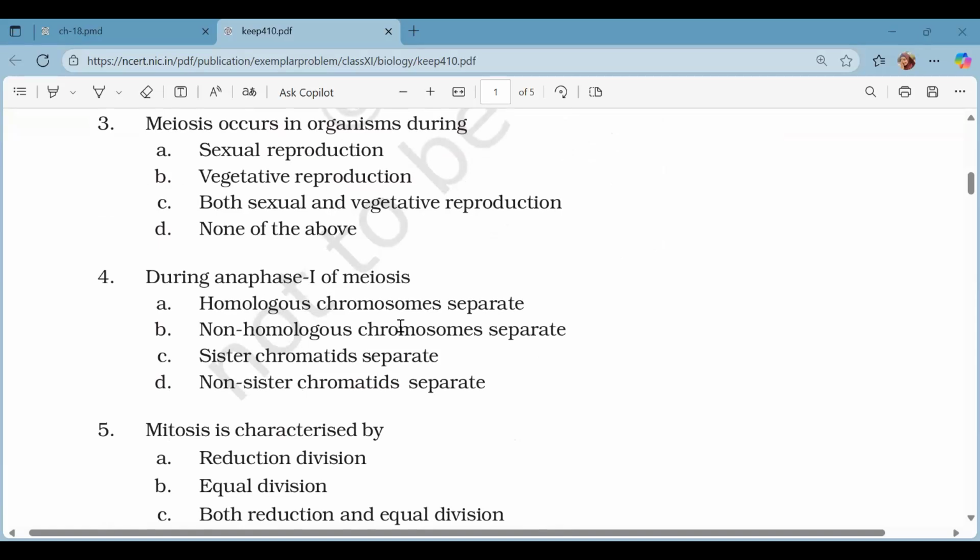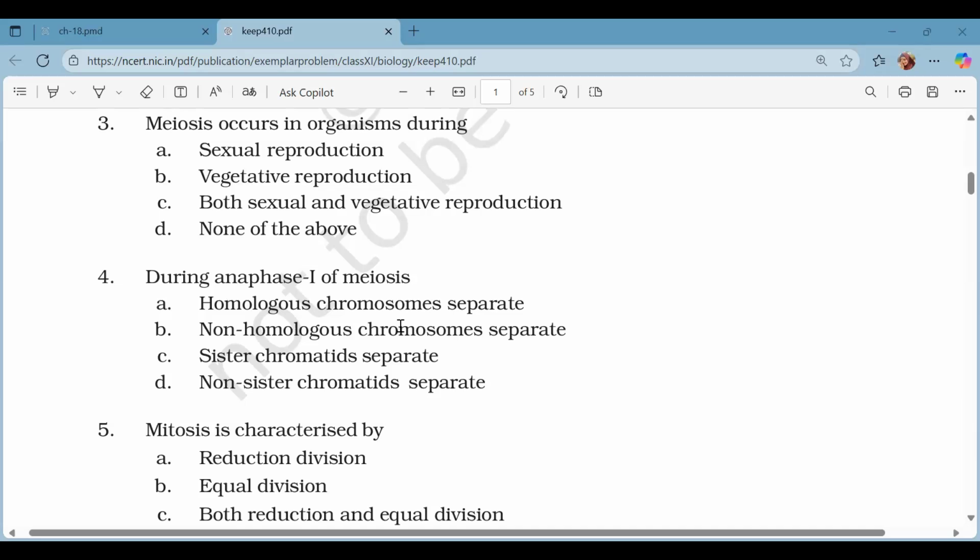During anaphase 1 of meiosis, what happens? Non-homologous chromosomes separate. Homologous chromosomes separate. Is there a splitting of centromere that takes place? Yes or no? During anaphase 1, does the centromere separate?